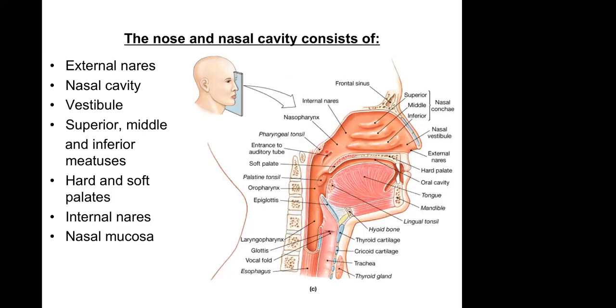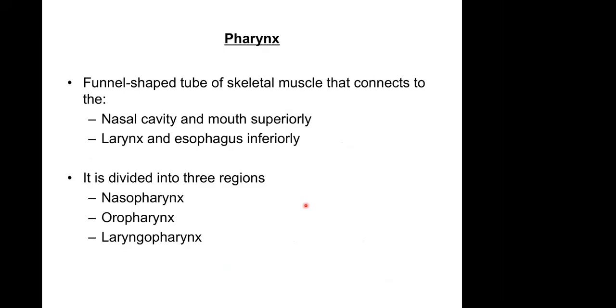The nasopharynx is behind the nose, the oropharynx is behind the oral cavity, the mouth cavity. So behind the mouth is called the oropharynx, and below here is called the laryngopharynx because this part is close to the larynx.